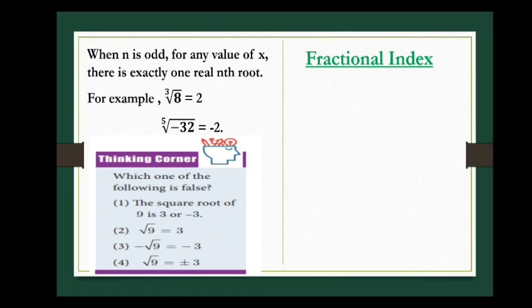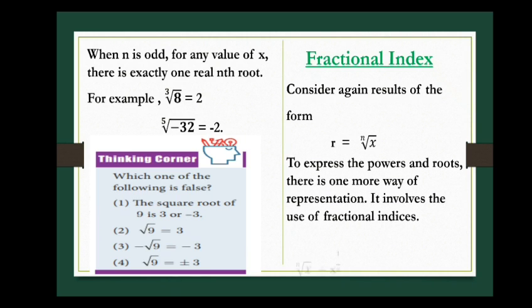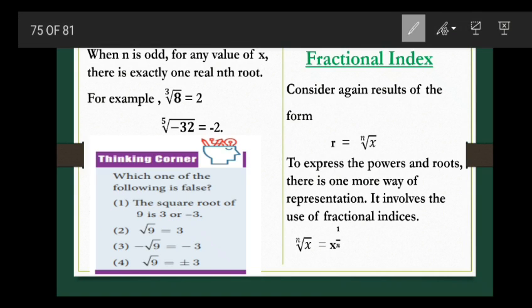For that we'll consider the same radical notation, r is equal to nth root of x. This can also be written in some other form, that is using a fraction. So nth root of x can also be represented as x to the power 1 by n.